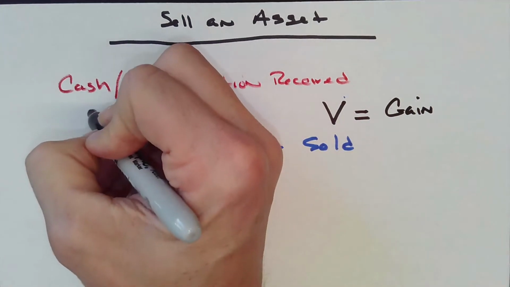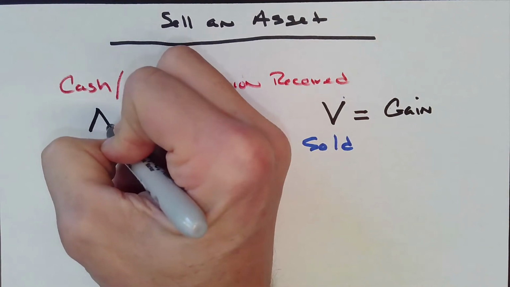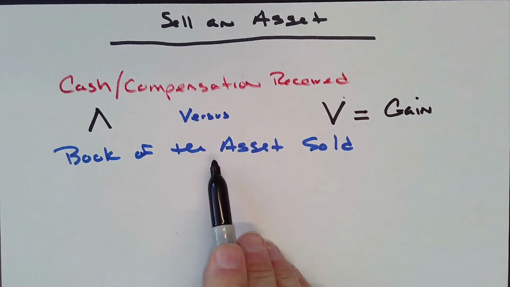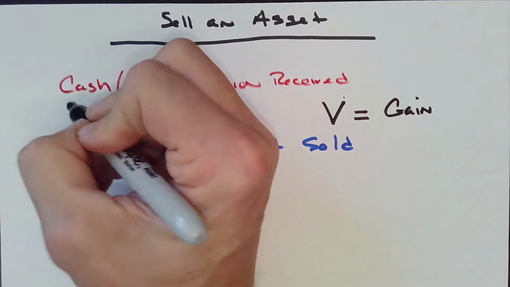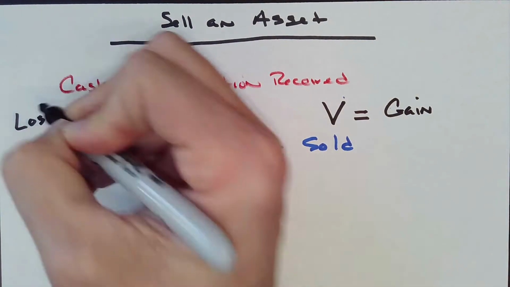If the cash compensation received is less than the book value of the asset, this is going to equal a loss.